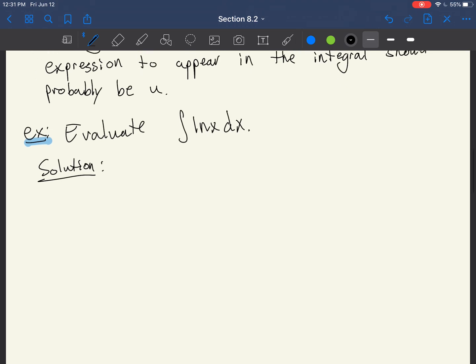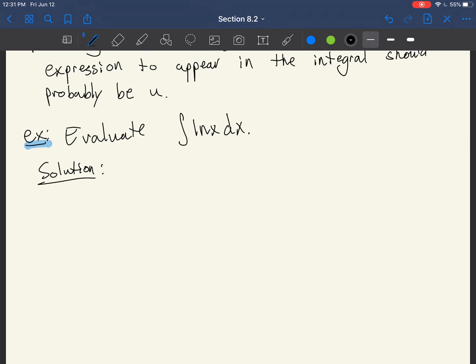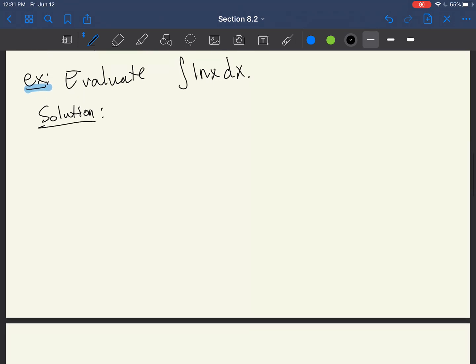There's nothing to substitute, so we're not going to do a u substitution. But it also doesn't really look like you want to do integration by parts because there's not a product of two functions. Well, that's not entirely true. The integral of natural log of x is the same thing as the integral of 1 times the natural log of x dx.